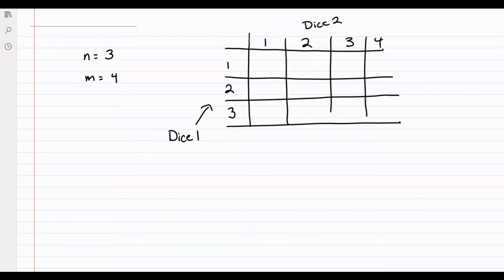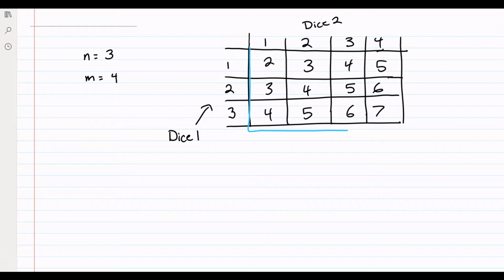What we'd fill in the boxes here would be our totals. So a 1 and a 1 is a 2, a 2 and a 1 is a 3, a 3 and a 1 is a 4, and so on. So 3, 4, 5, 4, 5, 6, 5, 6, and 7. These are all the different totals that we can get.